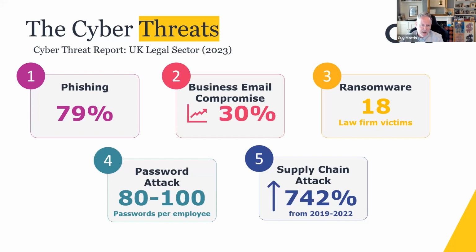Having that collaborative approach is going to benefit your firm, but also contributes to enhancing the overall threat landscape for everyone. And simply paying the ransom isn't deemed an appropriate measure. 80% of organisations that paid ransoms were actually targeted again by the same criminals.